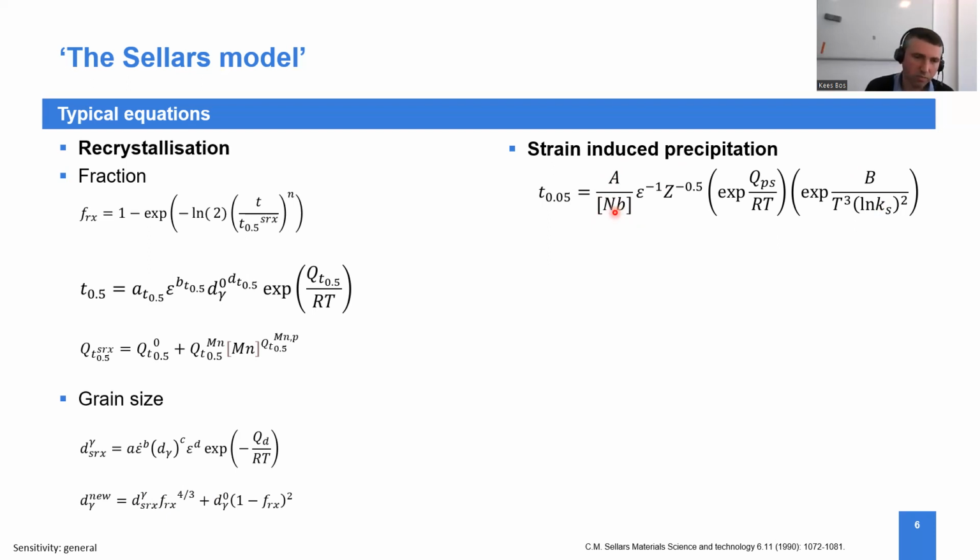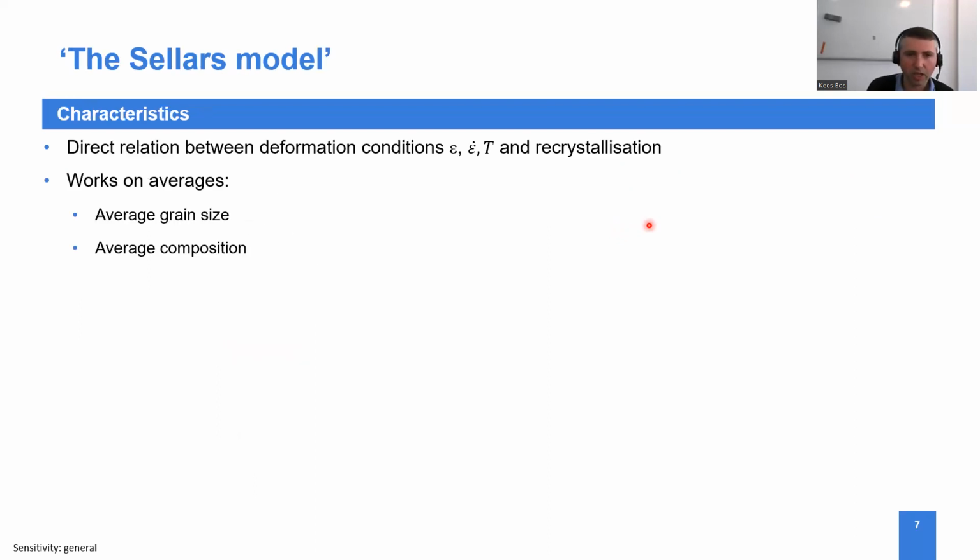Now, this is just to give you an idea of what type of equations is traditionally being used, and they have something in common, and that is that we see a direct correlation between process or deformation conditions like the strain rate and the temperature. And it works on averages, average grain size and the average composition. And actually, these models have been really widely used.